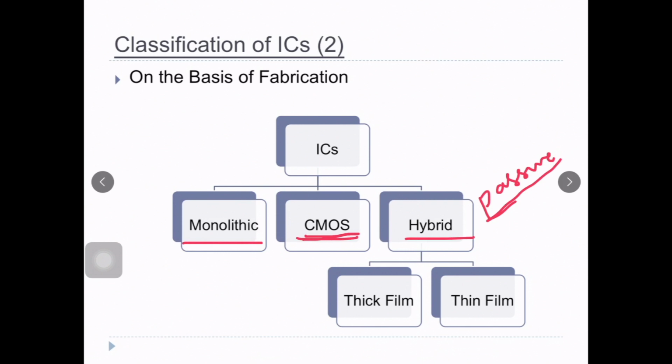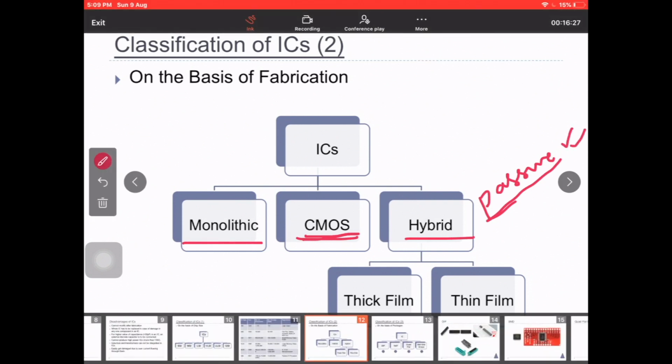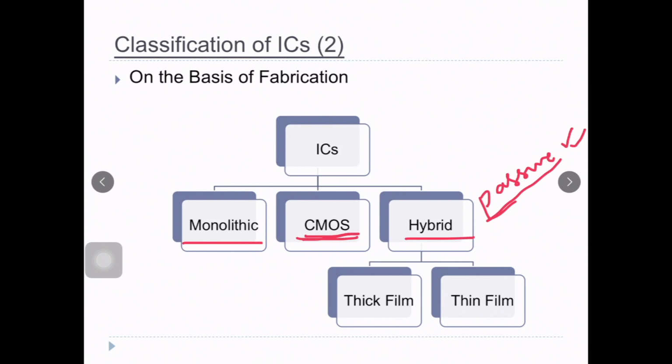So unlike monolithic, the whole circuit is not fabricated simultaneously. Passives are formed separately, and then these are fabricated along with the active components.